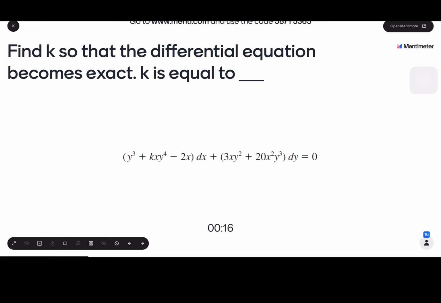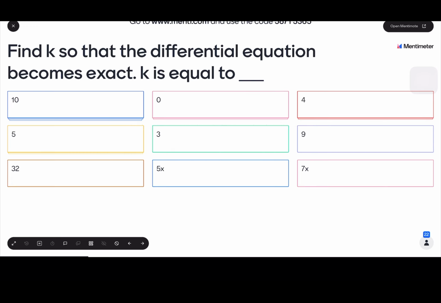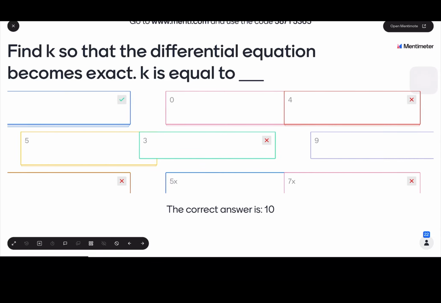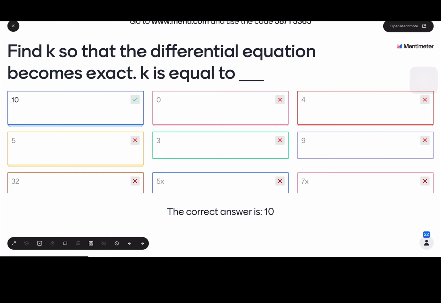Already 16, 17, 18, 19, 21, 22. Is it all? Okay, very good. The answer is 10. You will see that this has 40 and 4, so you can just take it as 10.